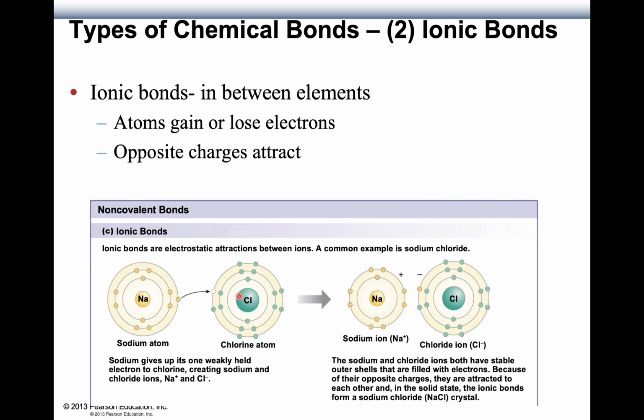Sodium and chloride are a perfect match for each other because while sodium wants to give away one electron, chloride only wants to take one electron. So they do the exchange. Sodium gives up its electron to chloride, and as it gives it up, it turns into a positively charged ion because it has given off one electron. And chloride has turned into a negatively charged ion because it has gained one electron.